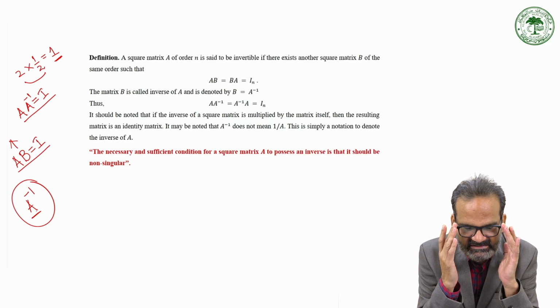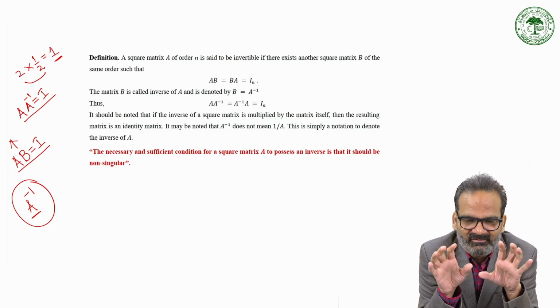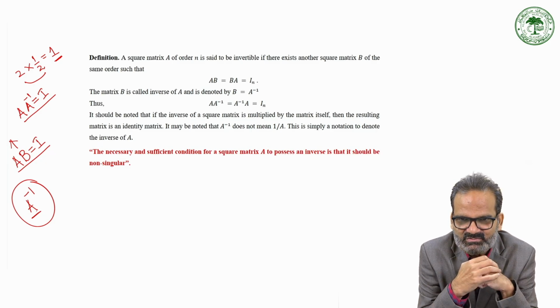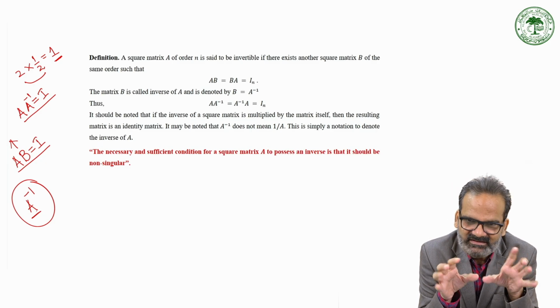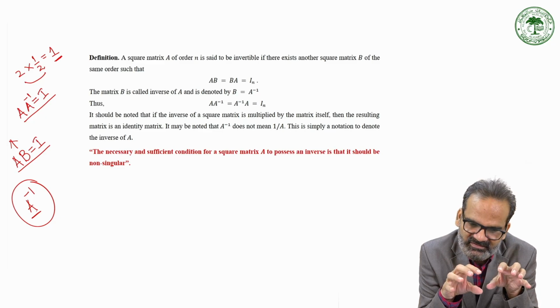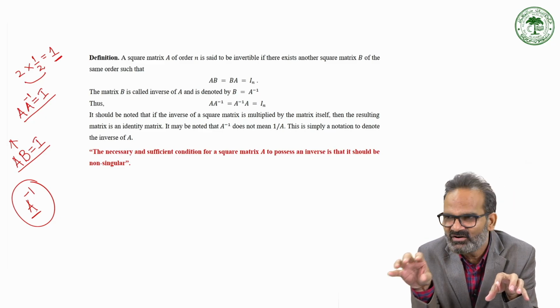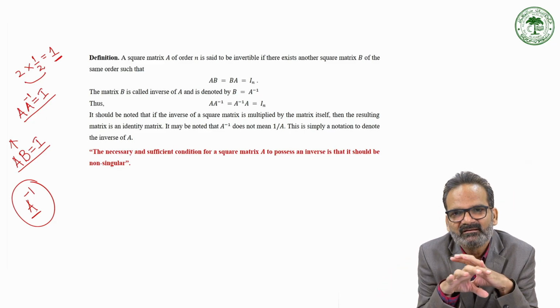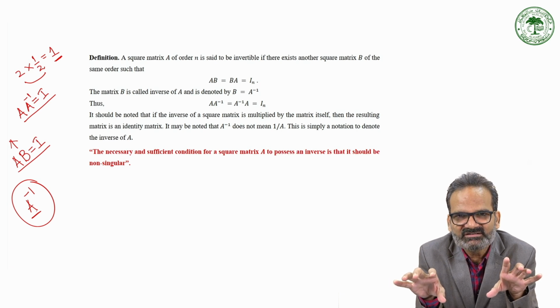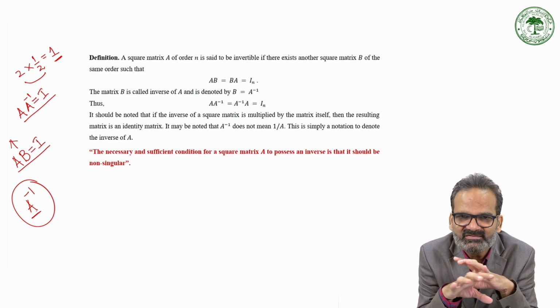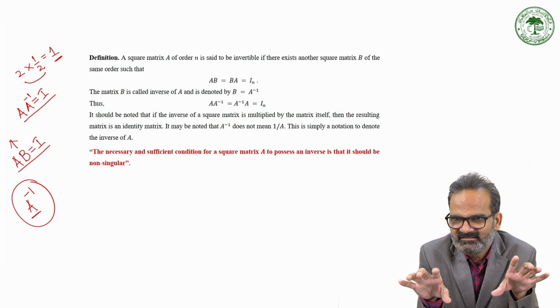So, necessary and sufficient condition means what? If we have a square matrix, then it will have an inverse if it is non-singular. If it is not non-singular, meaning it is singular, it will not have an inverse, right?